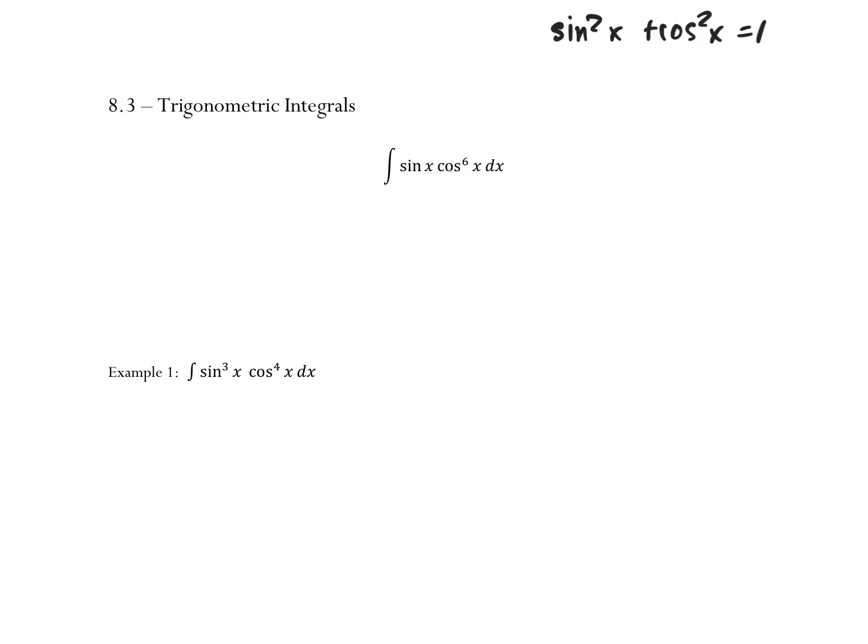What would I end up with? 1 plus, let's see, cosine over sine would be cotangent, so cotangent squared x equals, and then 1 over sine would be cosecant squared x. Or if I divided that first one through by cosine, we would have tangent squared x plus 1 equals secant squared x.